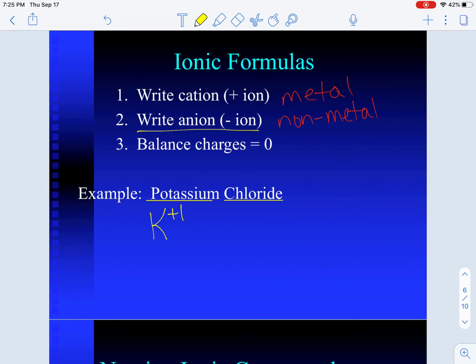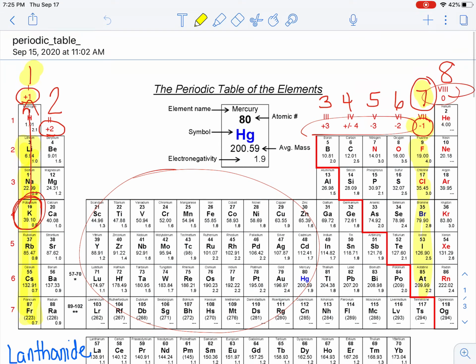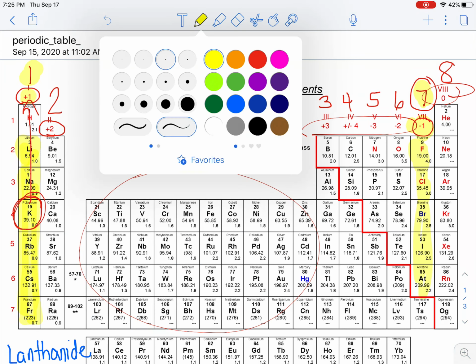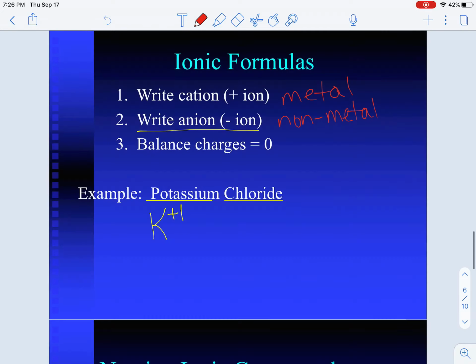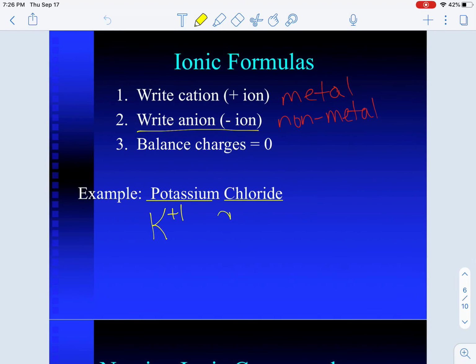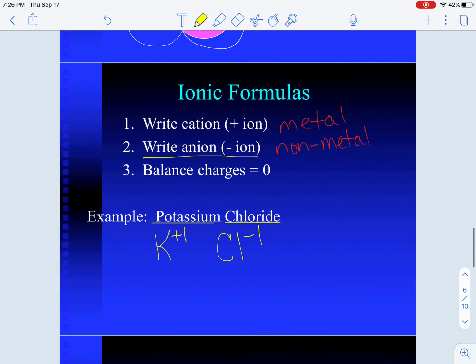Second step, write the anion. We're going to look for chlorine over here to the right. And chlorine is Cl, and its charge for an ion is going to be -1. It wants to gain an electron to become stable. So chlorine, -1. So now we're going to balance those charges, okay? +1 and -1.